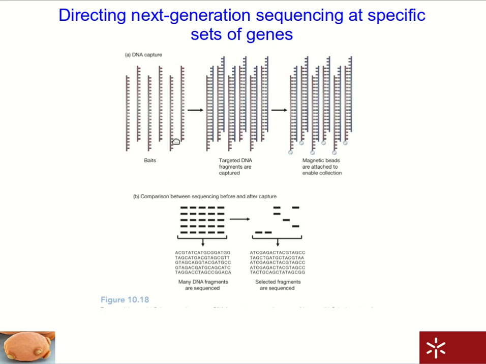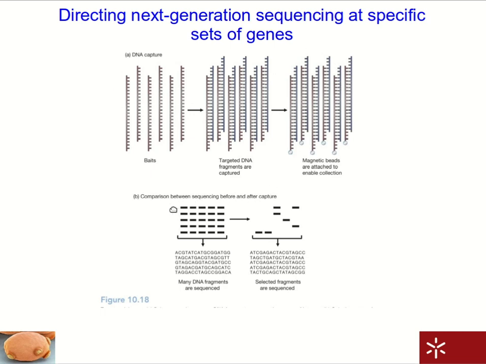And you can use something called DNA capture for this. You design oligonucleotides that you use to fish out the kind of library molecules that you're interested in. This is done after the library fragmentation.